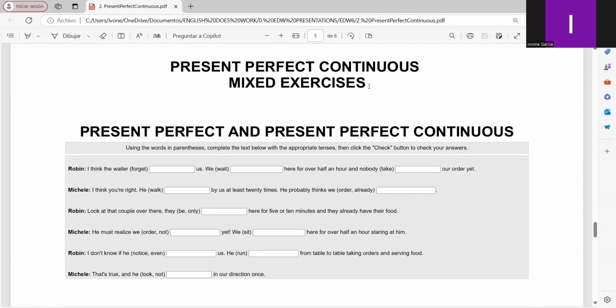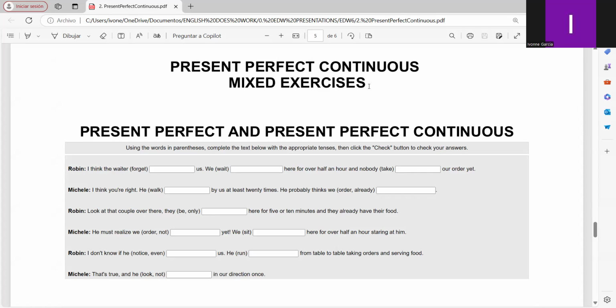Look at the couple over there. They have been here for 5 or 10 minutes and they already have their food. We need to place only. Where to put it? In between? No, in between, no, because in this case we have the verb to be, so we need to put it after the verb to be.